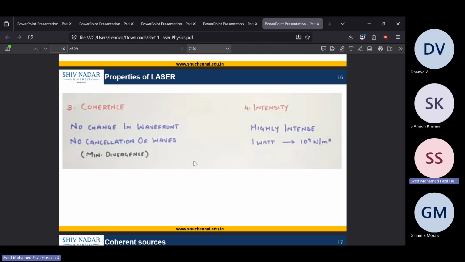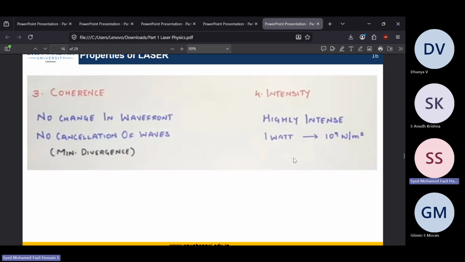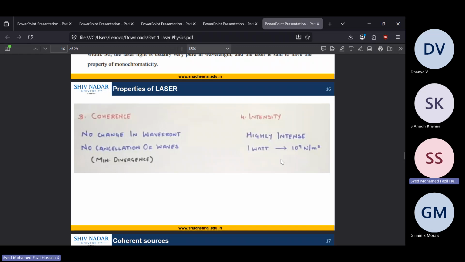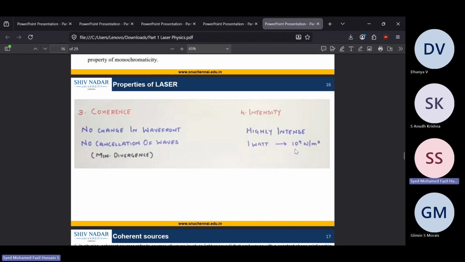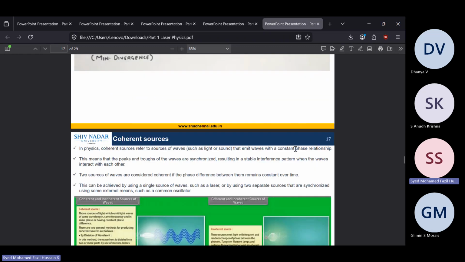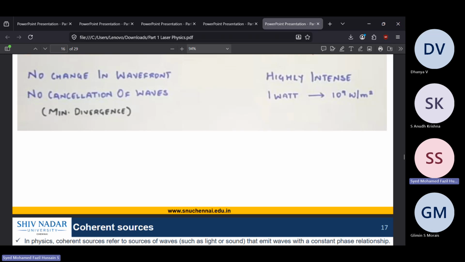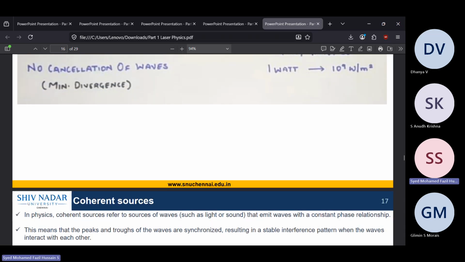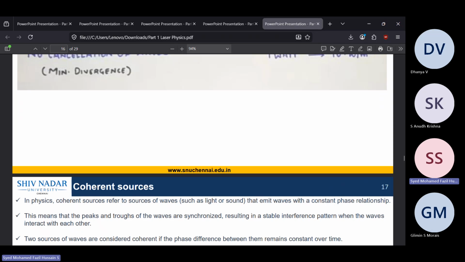And intensity is high because, as I have said, more photons are directed into a single point, not a single area. It's like a single point. So it is highly intense.